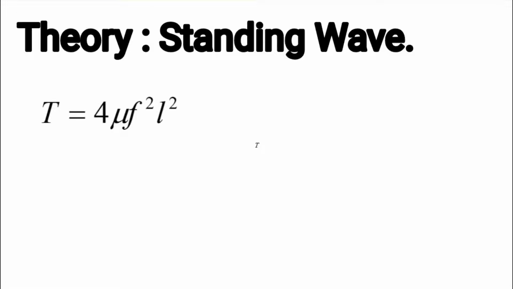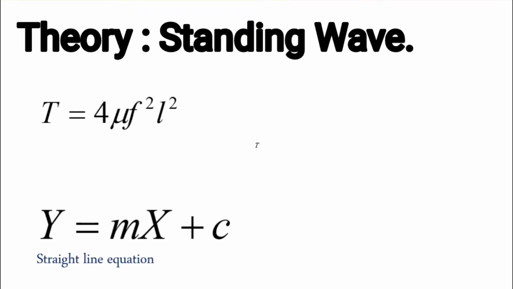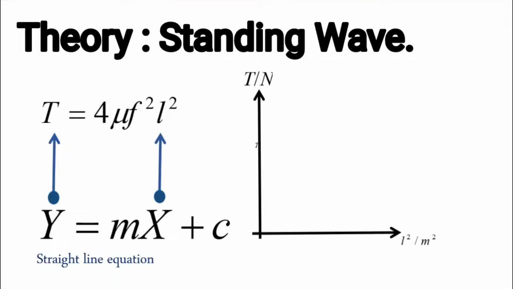From the equation that we have established earlier, we can plot the tension against the length squared. If we compare the equation with the straight line equation, the tension will take the y-axis, the length squared will take the x-axis, and the value of c is 0. The graph should start at 0 and the graph is going to be a straight line graph.